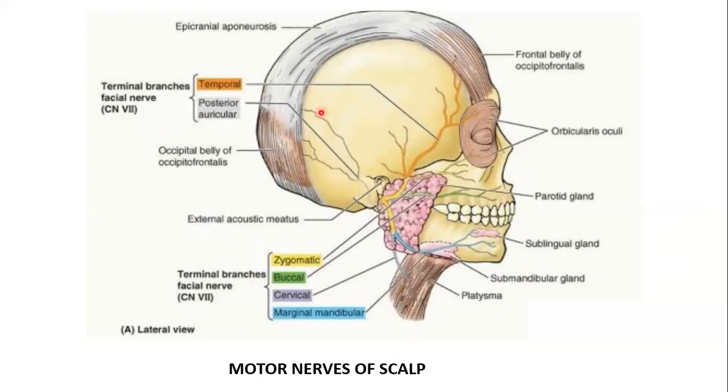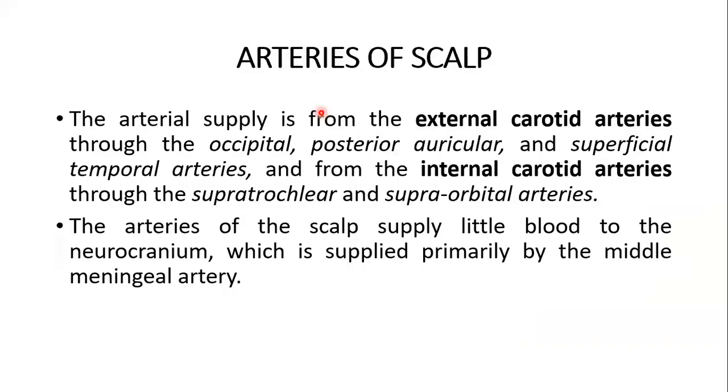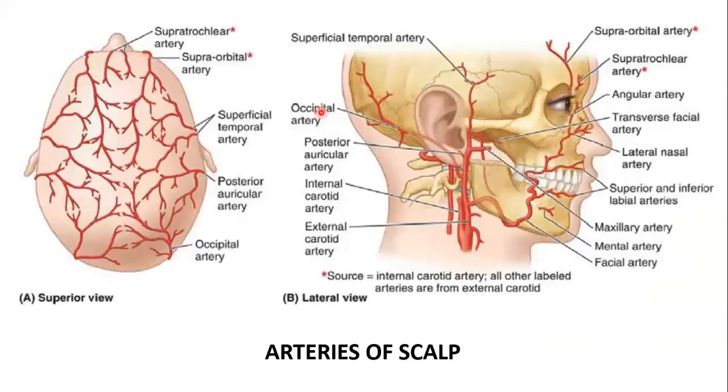Then the arterial supply of the scalp: very rich, with very rich anastomosis, anastomosing with each other on the same side and also with the opposite side. That is why when there is a laceration and a cut here, these vessels bleed profusely.